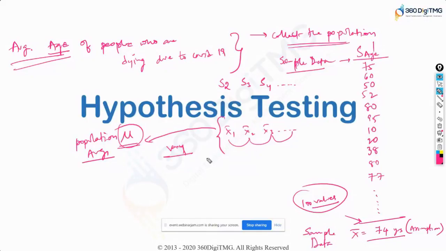Because this variation exists, we also have to bring in the confidence at which we are going to come up with this particular calculation. This is called confidence interval. We are saying we are predicting the result with a certain confidence.